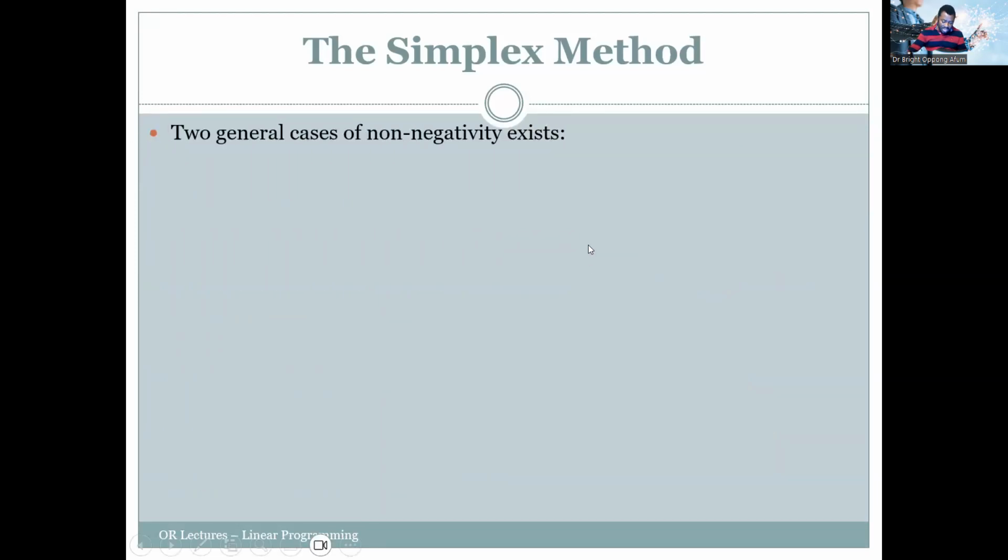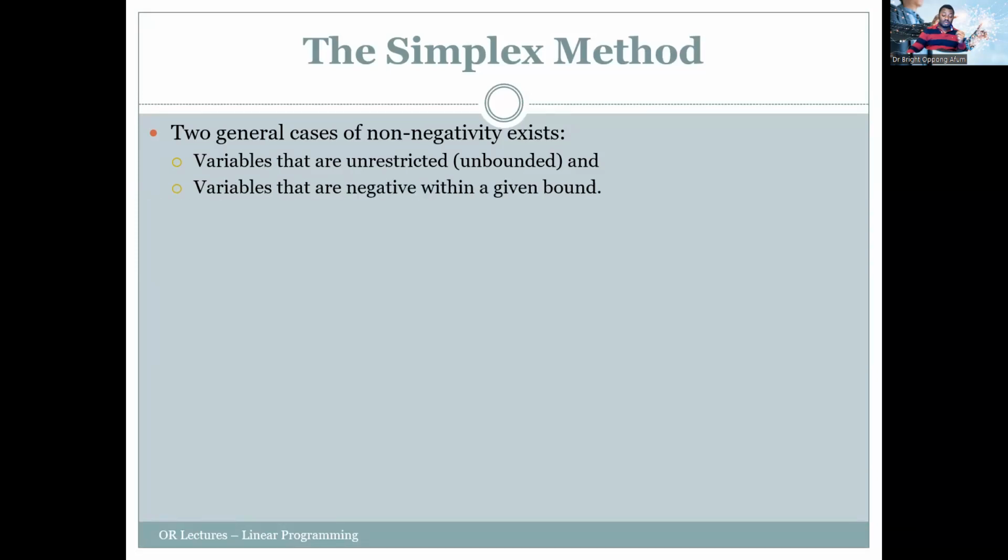There are two general cases when negative values are preferred. The first one is variables that are unrestricted or unbound, and also variables that are negative within a given boundary.